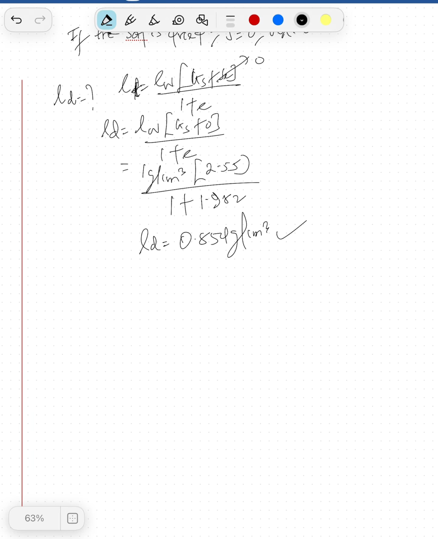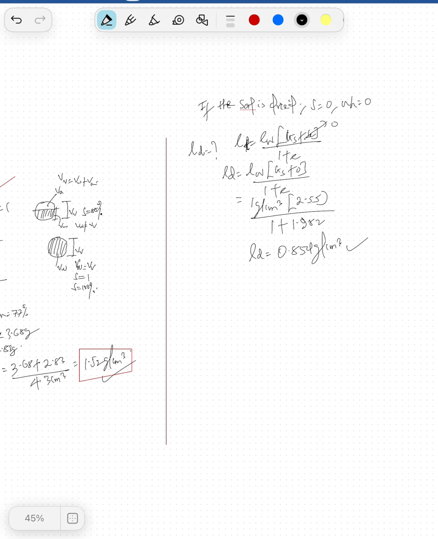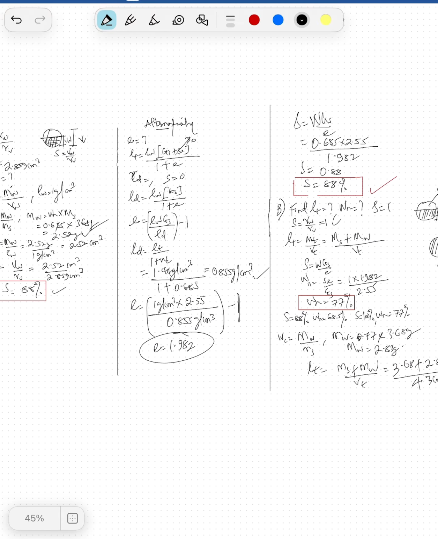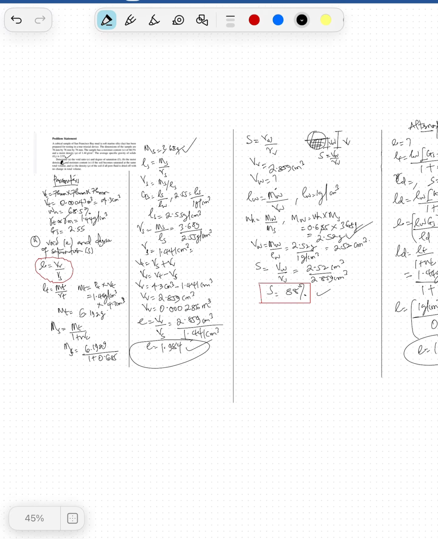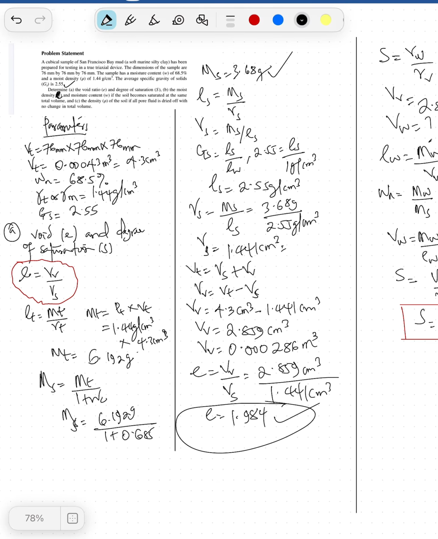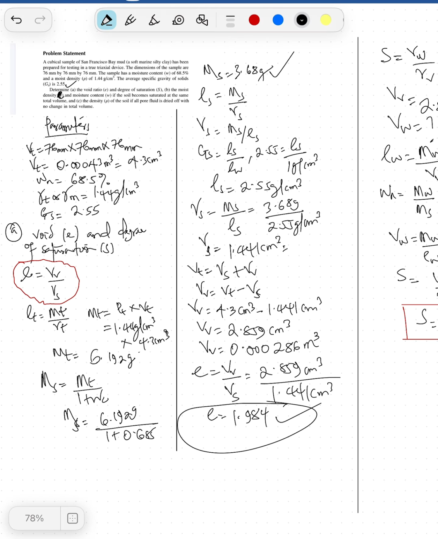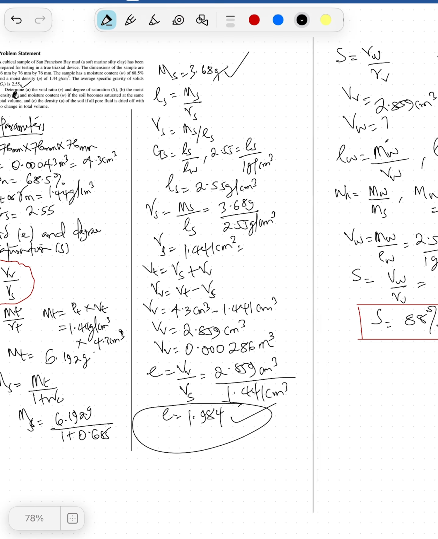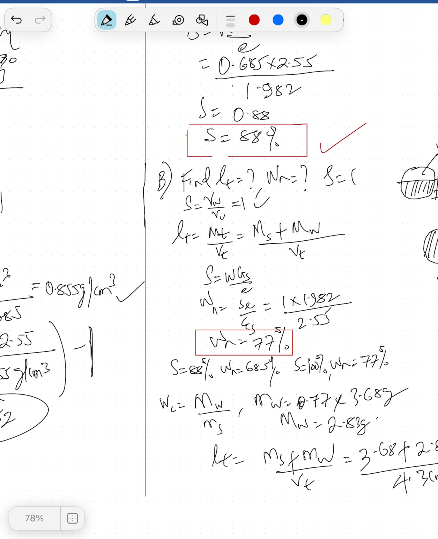So that's how to solve that question. If you have any question, please leave it in the comment section. So that's how we were able to solve this kind of problem. So let's go to the second question for today.